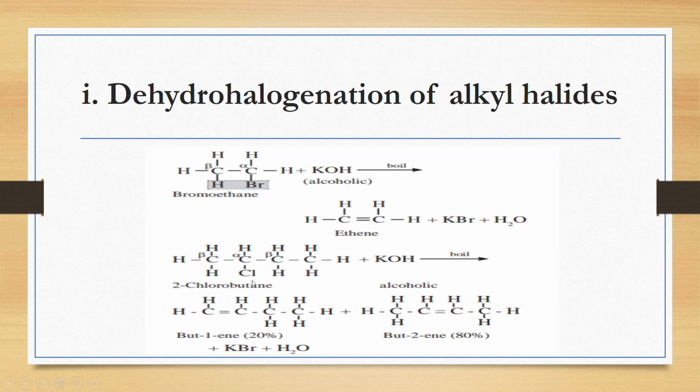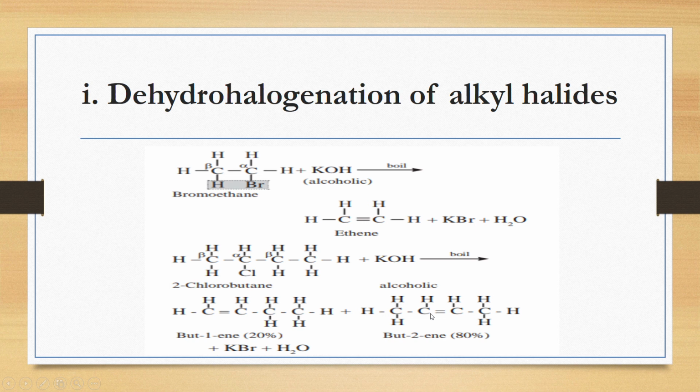So two possibilities are there. If this beta carbon gives out hydrogen, we'll get double bond between these two carbon atoms, that is but-1-ene will get formed. If this carbon gives out beta hydrogen, then double bond will get formed at the second position, but-2-ene will get formed as the product.